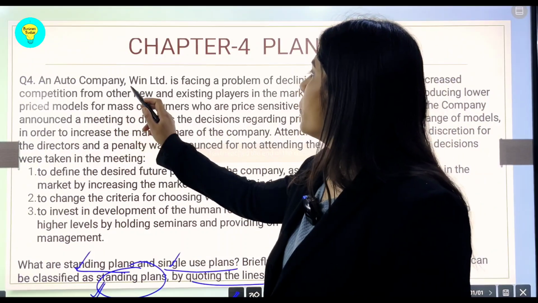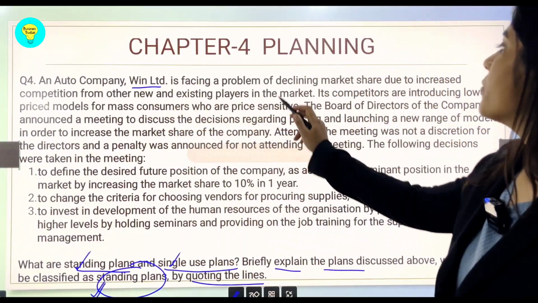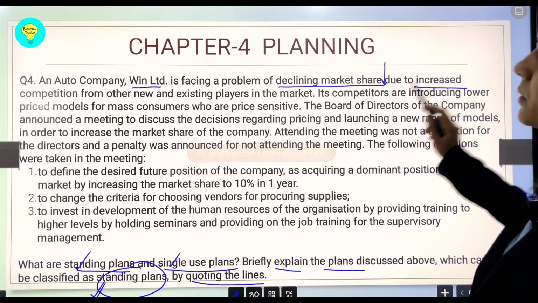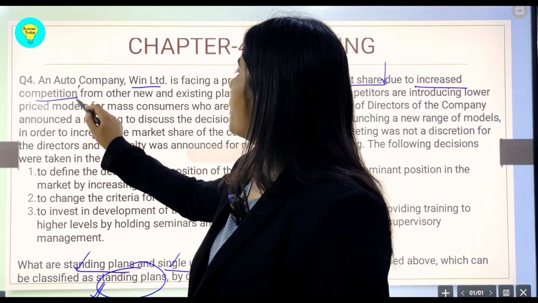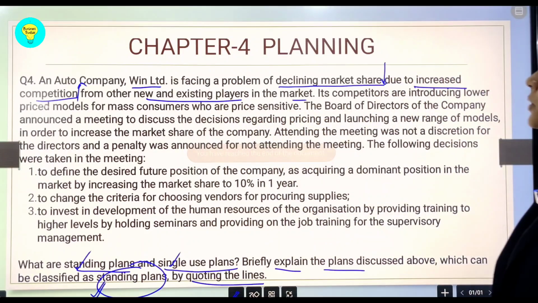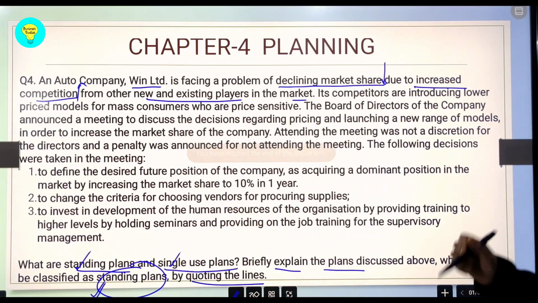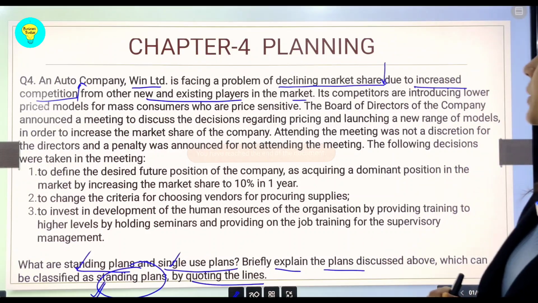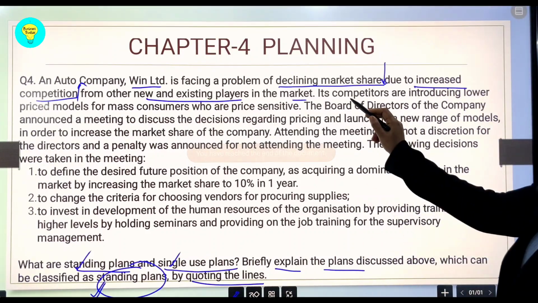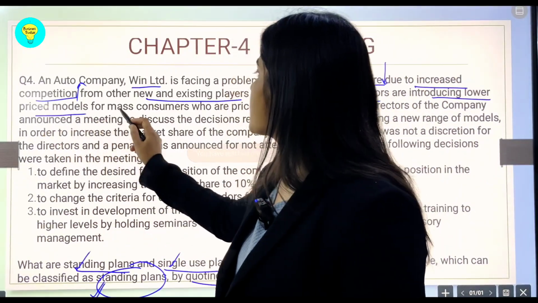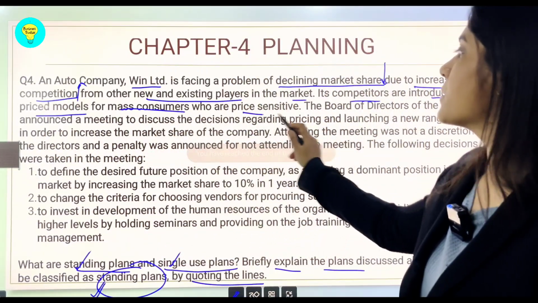An auto company Win Limited is facing a problem of declining market share due to increased competition from other new and existing players in the market. So, this company Win Limited has got its market share reduced due to enhanced competition in the market. Its competitors are introducing lower priced models for mass consumers who are price sensitive.